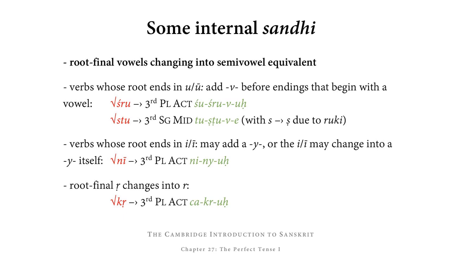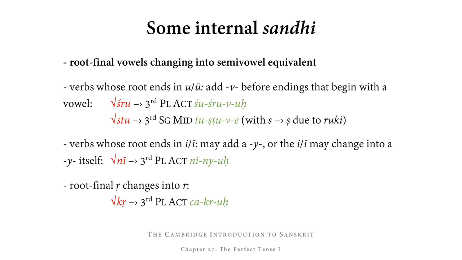So for example of ni, we have the third person plural active form, ninjuch, which consists of ni, which is the reduplicative syllable, ni, which is the root in zero grade, and uch, which is the third plural active ending. And in front of this the ni, or rather the e at the end of ni, has changed into its semi-vowel equivalent y, and so we have ninjuch. An alternative form to this would be nijuch.